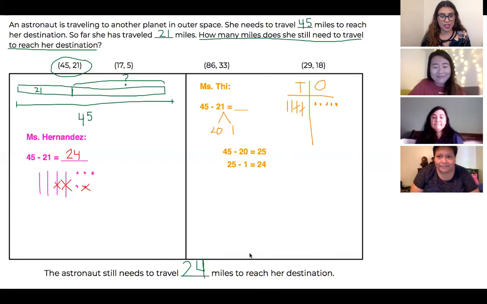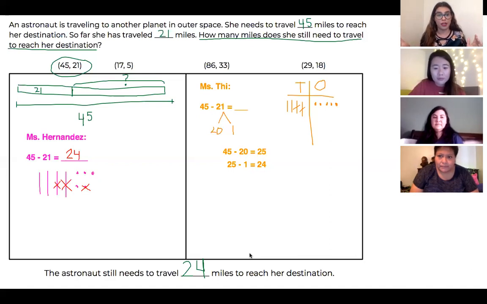Beautiful, thank you. And so this tape diagram really helped us visualize the total amount of miles that the astronaut needed to travel. And we can see that the astronaut already had traveled 21 miles, and we just needed to figure out how many of the rest of the traveling she needed to do.